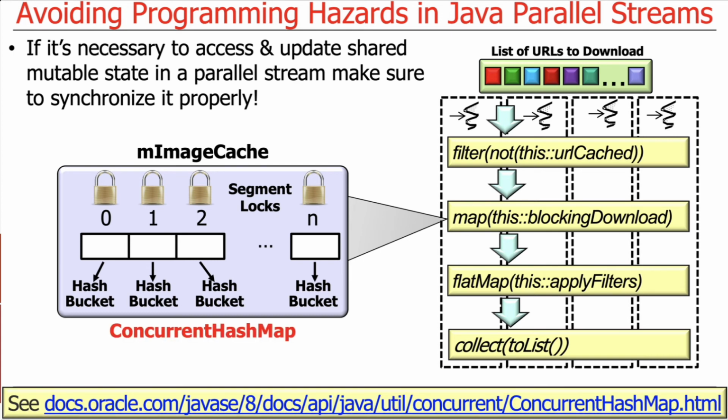And the way this works for our particular example is it uses a concurrent hashmap. And concurrent hashmap is this super cool collection that has special little synchronizers for each of the different bucket chains that come off of the hash table.